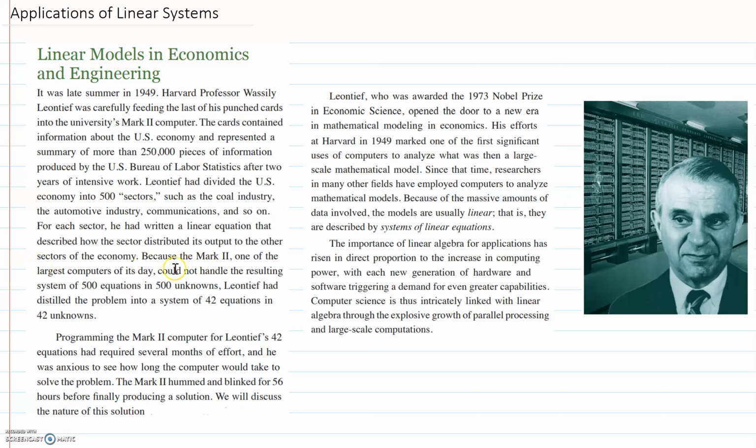Because the Mark II, one of the largest computers of the day, still could not handle the resulting system of 500 equations and 500 unknowns, Leontief had distilled the problem into a system of 42 equations and 42 unknowns. If you read the next paragraph here, you'll see that it took the computer 56 hours before it finally produced a solution.